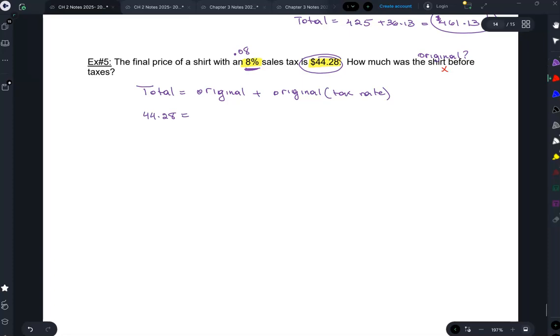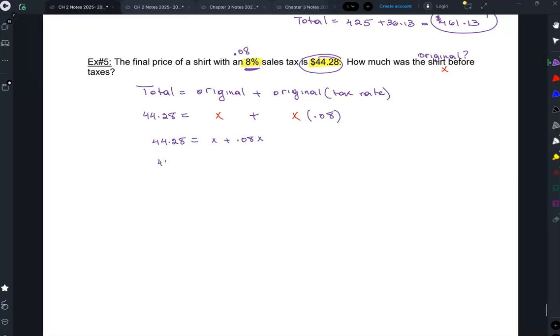The original is X plus X times 0.08. Okay? All right, so let's see what that is. That's 44.28 equal to X plus 0.08X. I didn't do any math in going to that step. I just rewrote it more nicely.